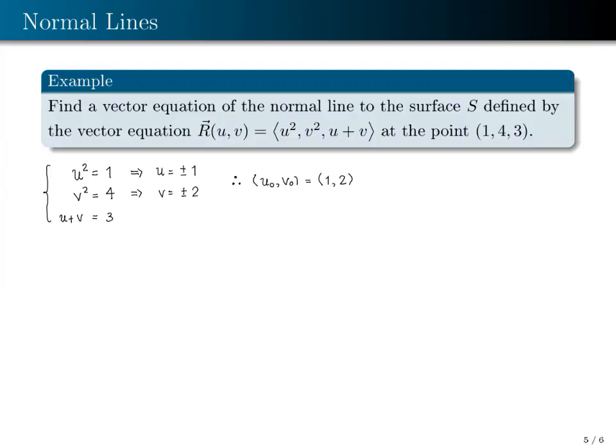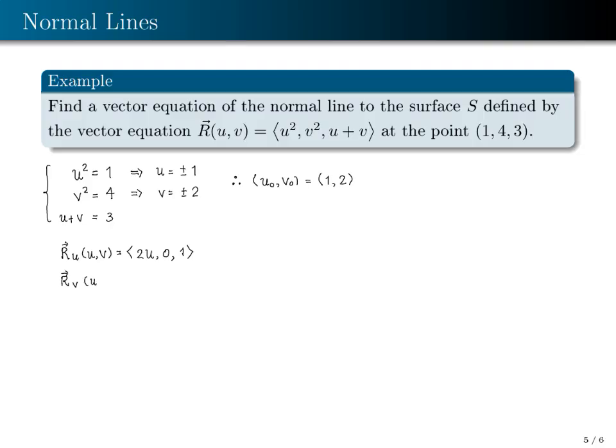We now compute r_u(u, v) and r_v(u, v). The components of r_u(u, v) are 2u, 0, and 1, which are the partial derivatives with respect to u of u squared, v squared, and u plus v respectively.